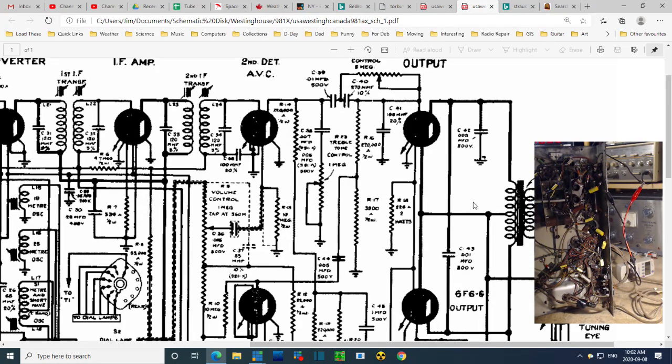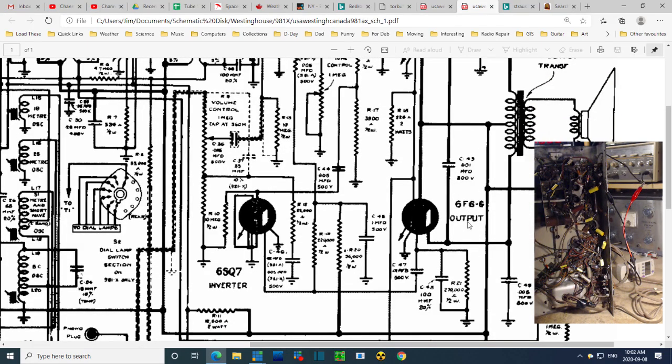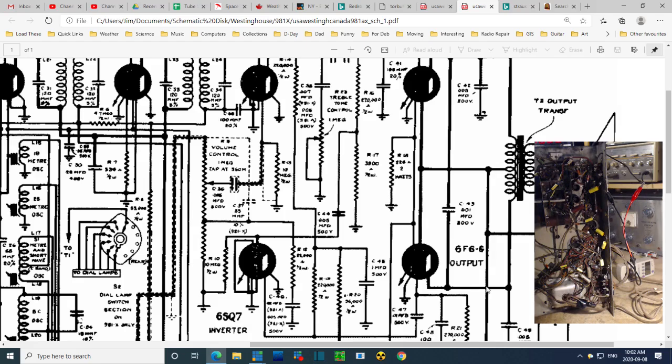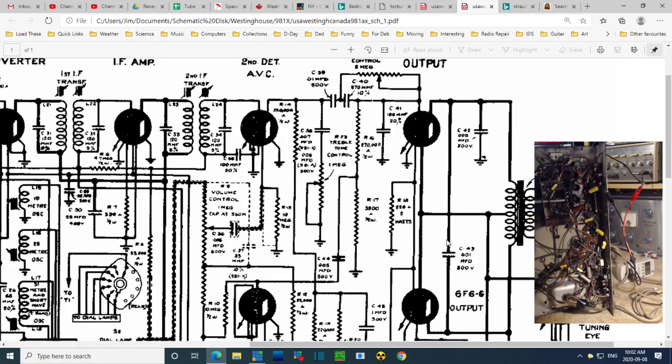So going back here again. Well, that's interesting because look, the screens get their voltage straight from B plus, whereas the plates get it through the output transformer. There can be a bit of resistance in here and a bit of a drop.